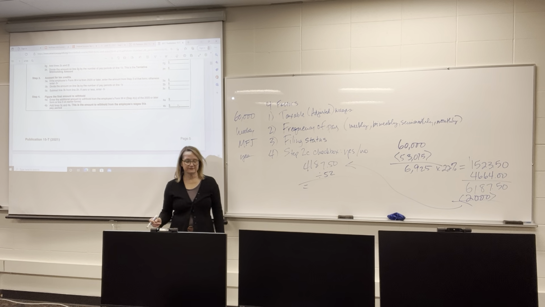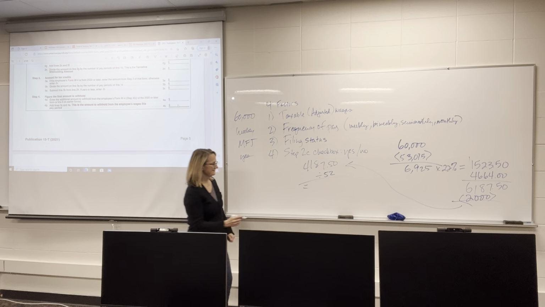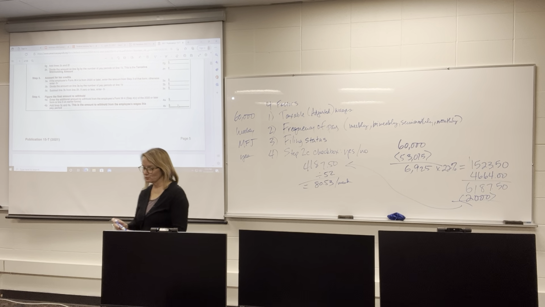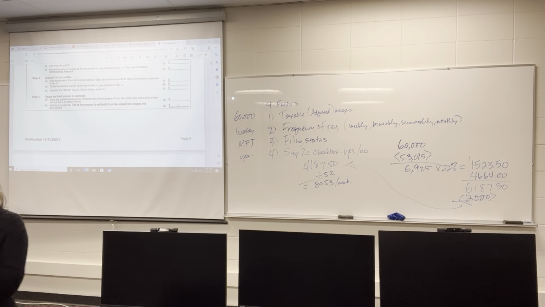So 4187.50 divided by 52 is $80.53. That's how much is going to be withheld for federal income taxes per week for this employee. Lots of steps here.